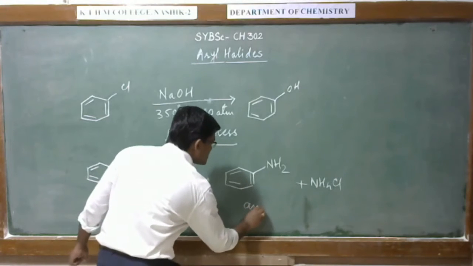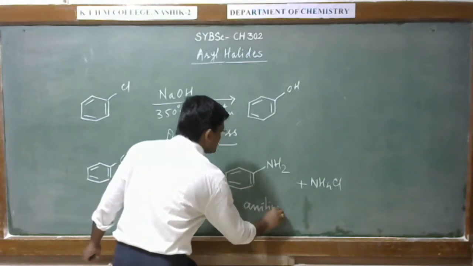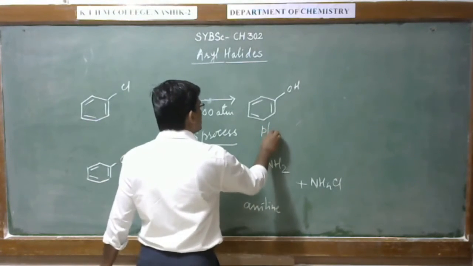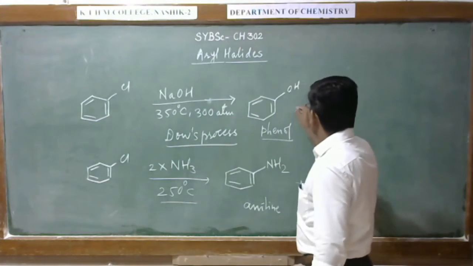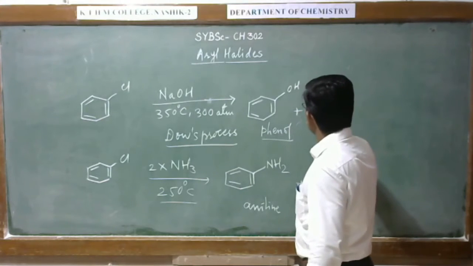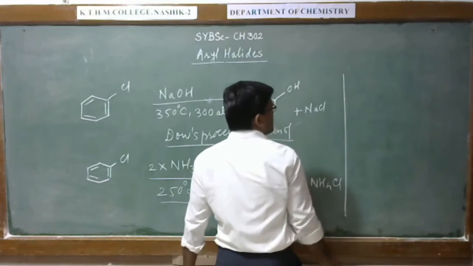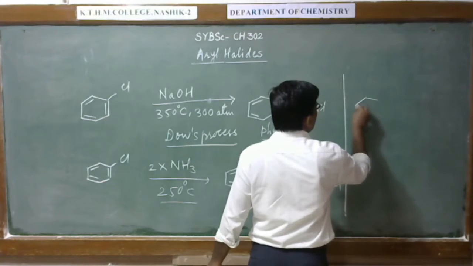So this is aniline, and this is the phenol. There is also one side product, sodium chloride.